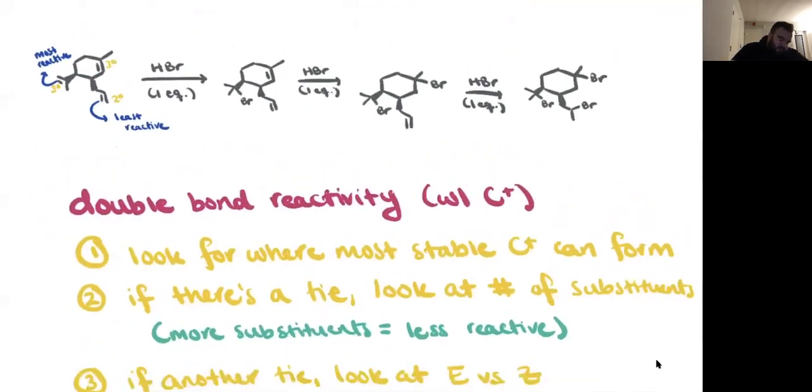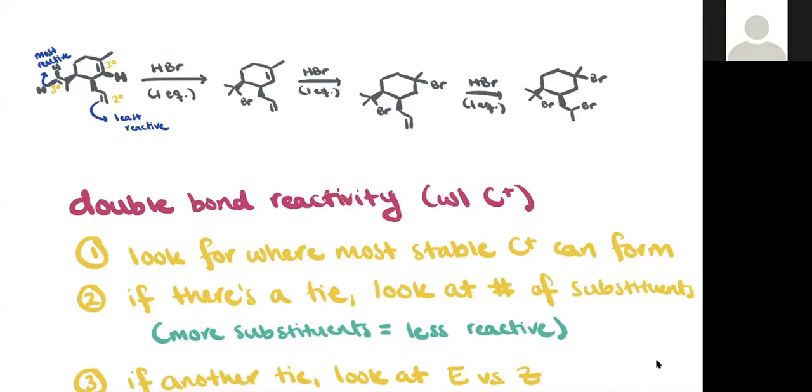So you know that because this bond has 1 hydrogen and this one has 2, then the double bond that has 1 hydrogen is said to have 3 substituents. Oh, so we're not looking at the tertiary carbocation for this one? We're looking at the carbocations, but when we're talking about substituents, we're looking at the number of things directly bound to the double bonds. Okay, that makes sense. Thank you.